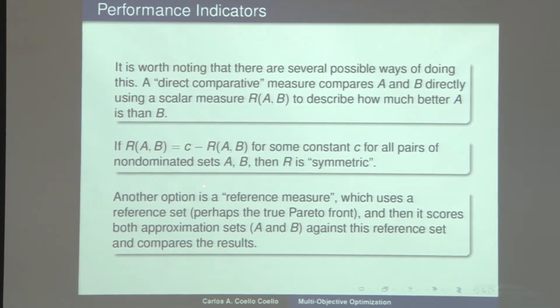But there are also performance indicators that are called reference measures because they use a reference set to perform the comparison. That means they don't compare directly the outcome of two algorithms. They take the outcome of algorithm A and compare with the reference set. Then they take the output of algorithm B, compare with the reference set. And whoever gives a better value is the better of these two algorithms. But you see the comparison in this case is not direct.